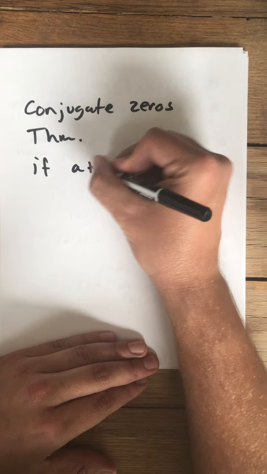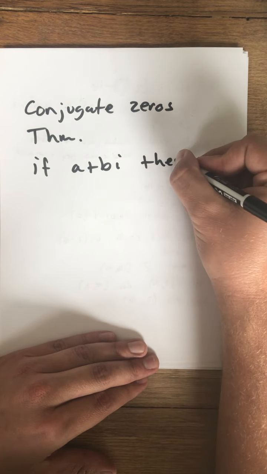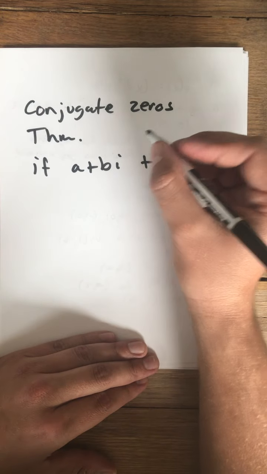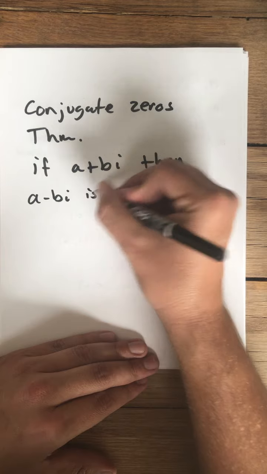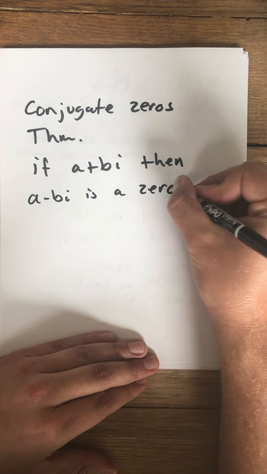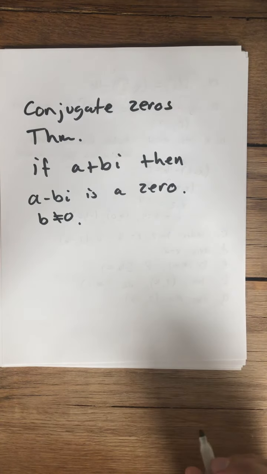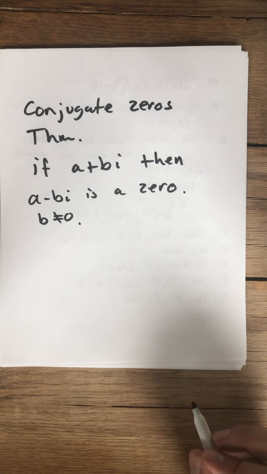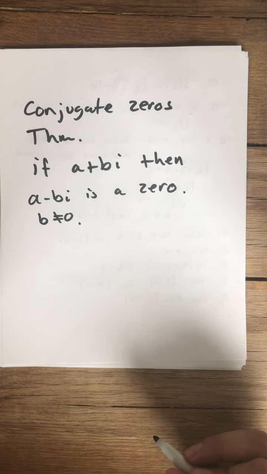This is a pretty chill theorem also. If we have complex roots, and we say a plus bi is a 0, then a minus bi also has to be a 0.